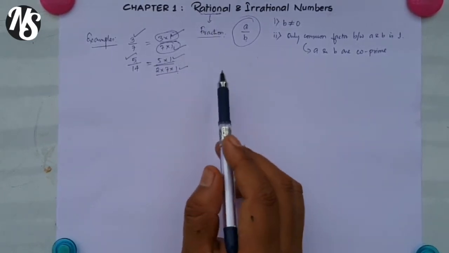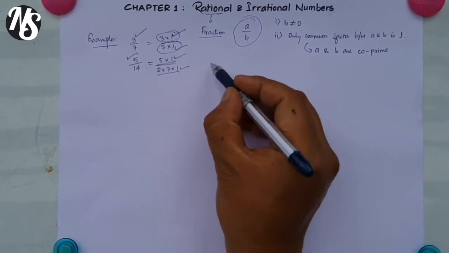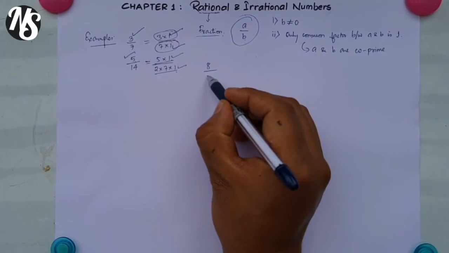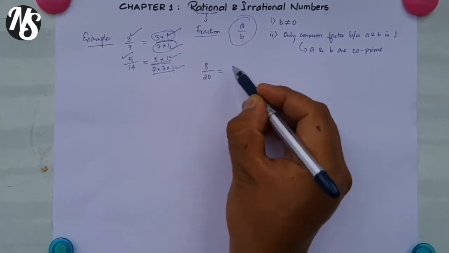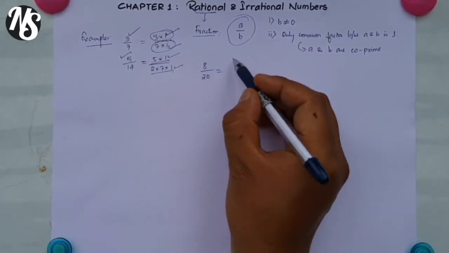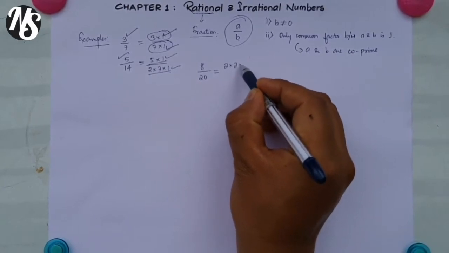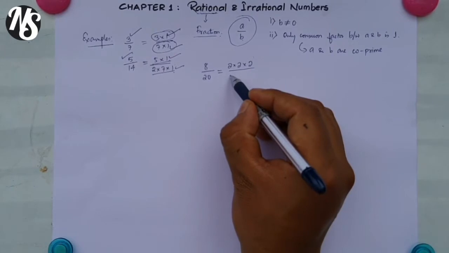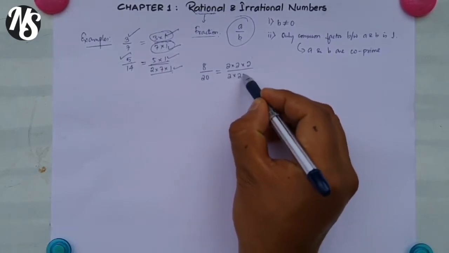Similarly, let me give you a few more examples. If I give you 8 by 20, and I ask you to factorize this, you can write 8 as 2 into 2 into 2. And 20 you can write as 2 into 2 into 5.